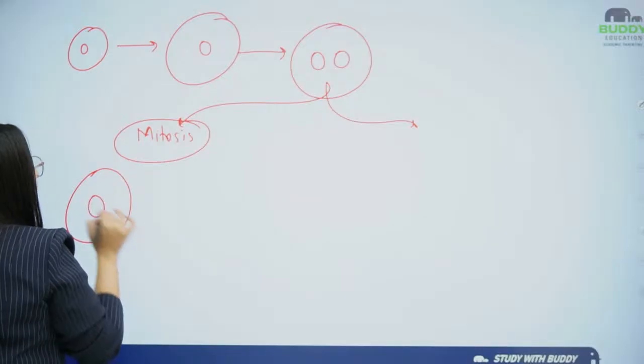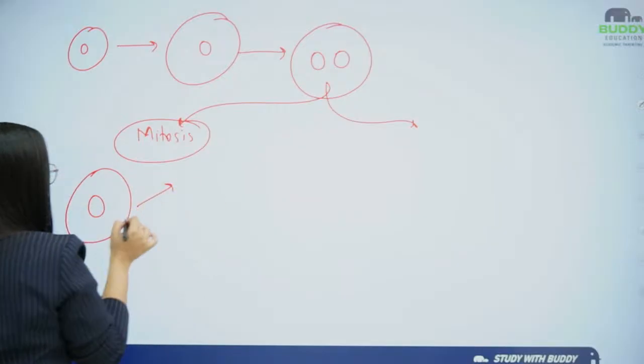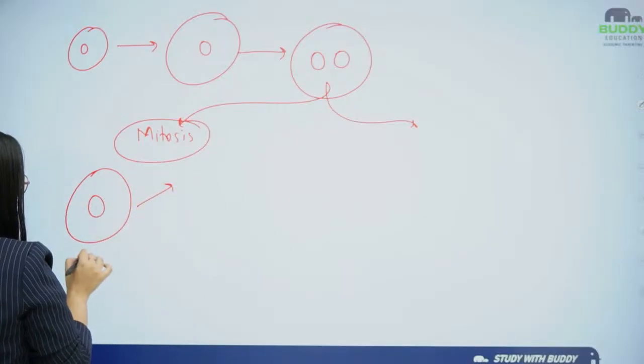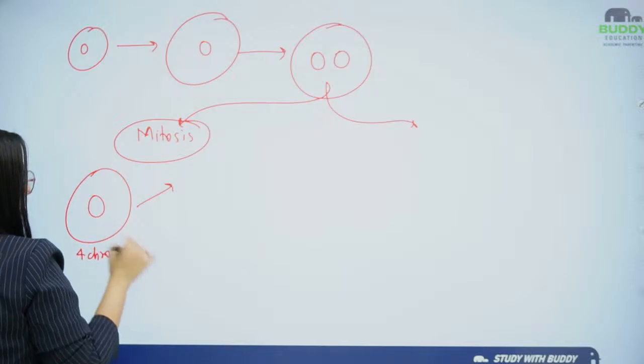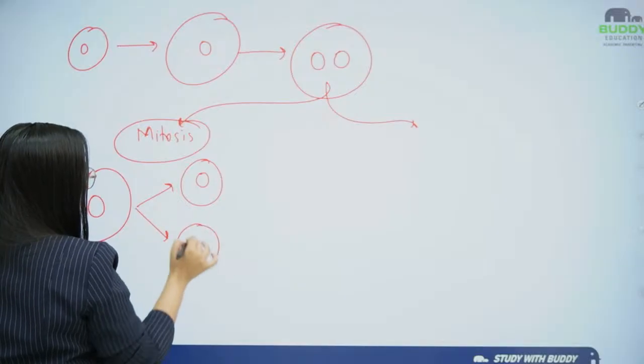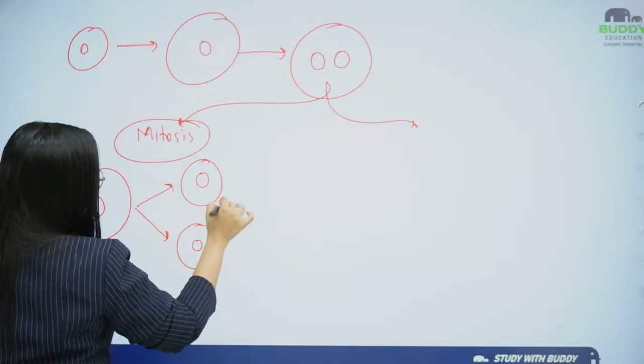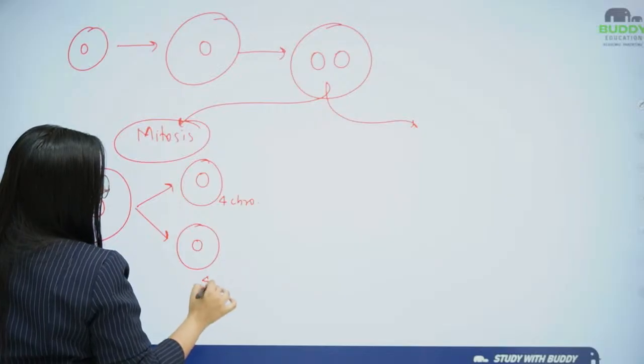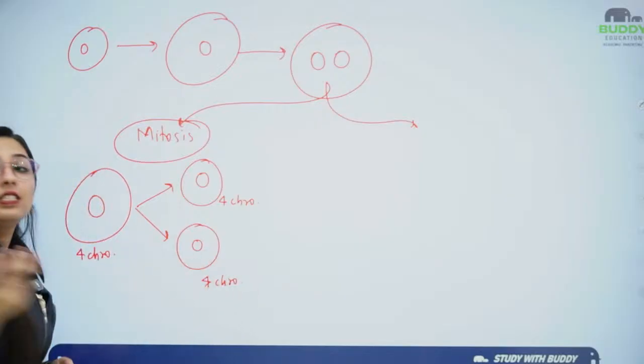This one mother cell will form two daughter cells. Let me say this has 4 chromosomes. So this first daughter cell and this second daughter cell will also have 4 chromosomes, and similar chromosomes.